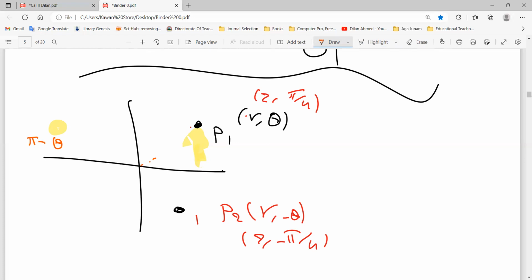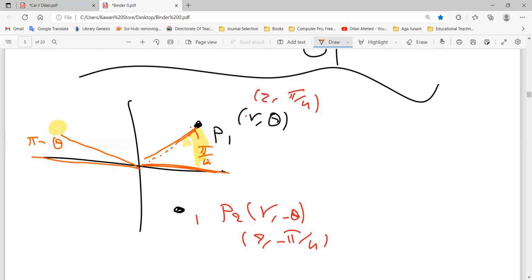For example, if till here is pi over 4, and I want the same angle with the x-axis, I say pi minus pi over 4. Here is pi over 4, and I want to find another one on the other side of my hand.